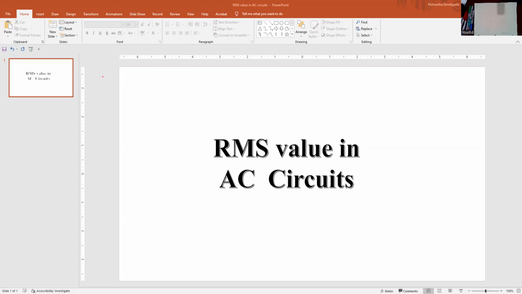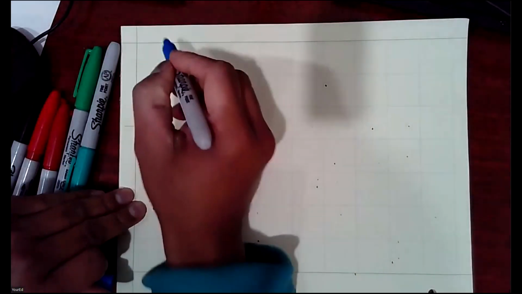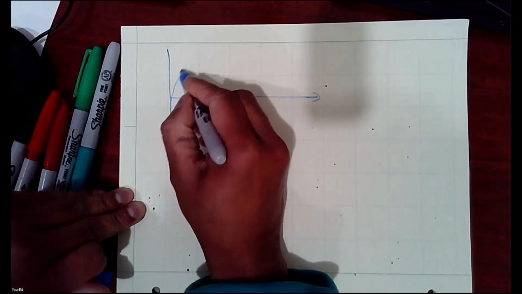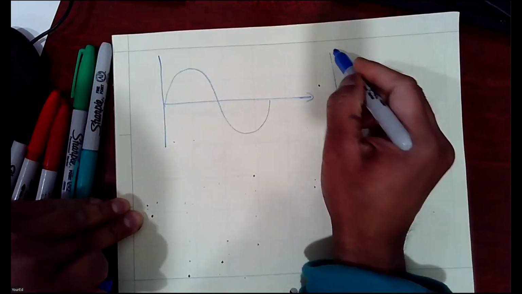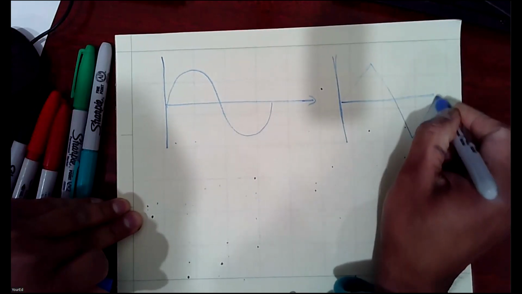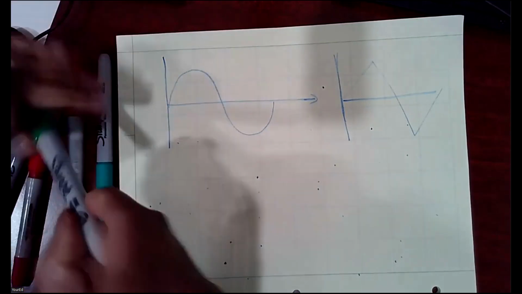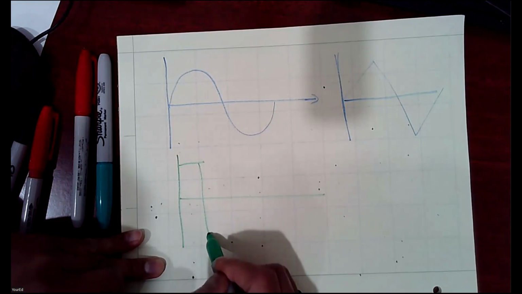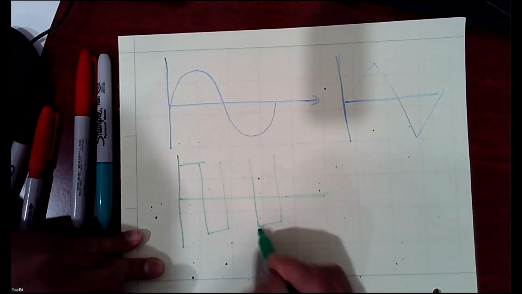Now, as we discussed before, AC voltages are time dependent. So with time, they are changing. Now, in the practical world or electrical circuit, we get different types of AC waveform like a triangle wave, a sinusoidal wave, or there are other types of waveforms like this type of waveform.